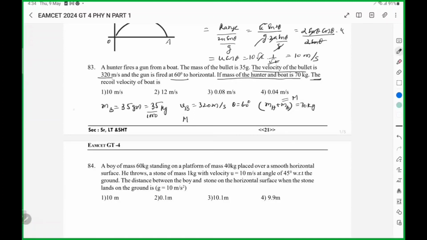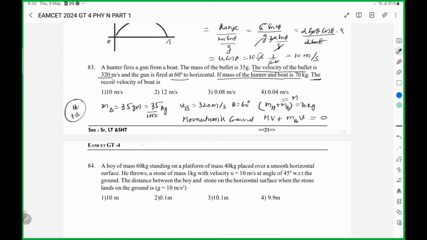Here the hunter plus boat is one system. There is no external force, so momentum is conserved. That is M V plus mass of the bullet into its velocity in the horizontal direction.